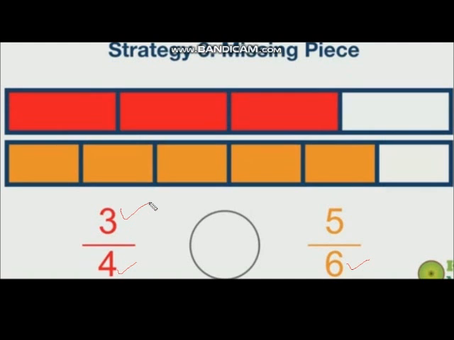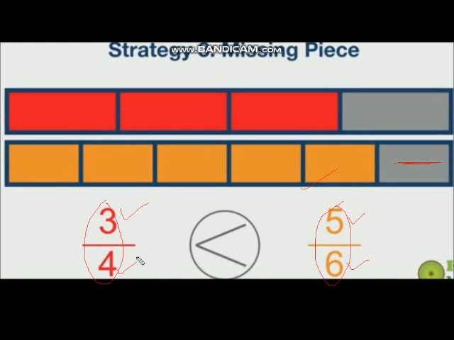For the first fraction we will color 3 parts and for the second fraction we will color 5 parts. Now which one is less empty? Here. This one is less empty and this is for the 5 by 6 fraction, right? That's why this 5 upon 6 fraction is greater and this 3 upon 4 fraction is less than 5 upon 6.